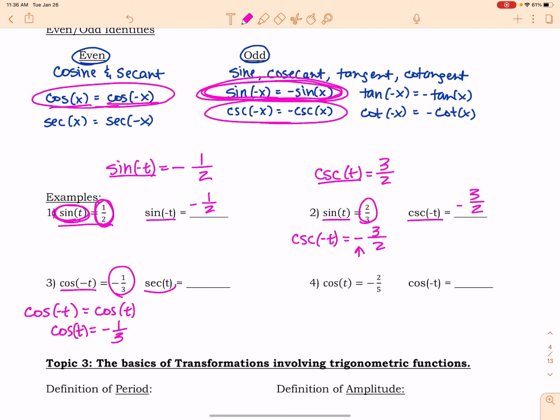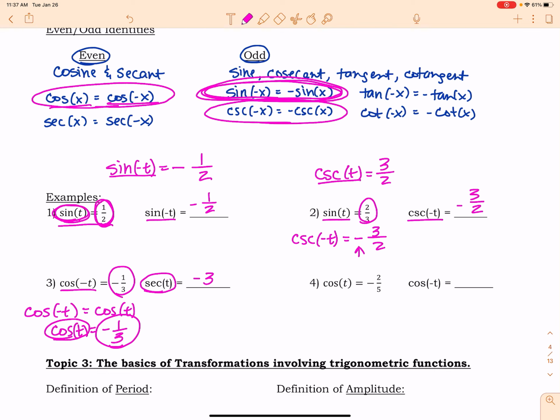I want the reciprocal of cosine t, which is secant t. So all I have to do is use the reciprocal of negative 1/3, and that's going to give me negative 3. And remember that finding the reciprocal is independent of the sign. If your original is a negative, your reciprocal will still be a negative, because reciprocal just means you take that fraction and flip it over.